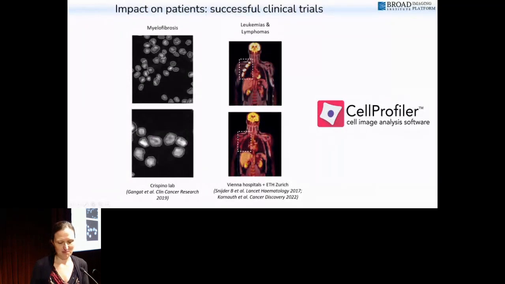One was a collaboration with John Crispino from Northwestern University, where we helped him develop a pipeline to identify nuclei in images and measure how polyploid they had become, in order to attack cancer in a different way. The idea is to cause the cells to differentiate into a polyploid state, which is less proliferative and less harmful to the patient. That was very exciting when it showed good clinical results.